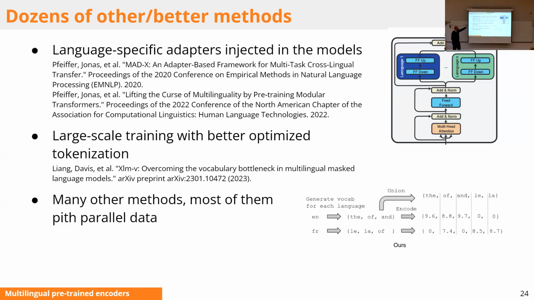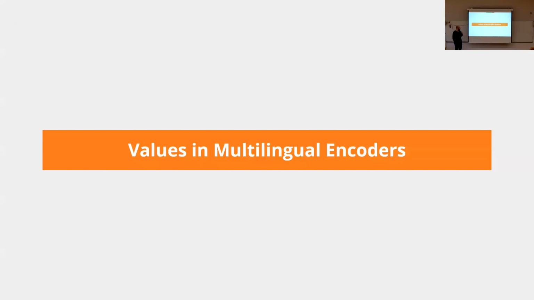But besides those, there is a lot of literature showing that using parallel data, a small amount of parallel data is enough, can greatly help in all those tasks. So this was the part of what we tried to do with monolingual data only.